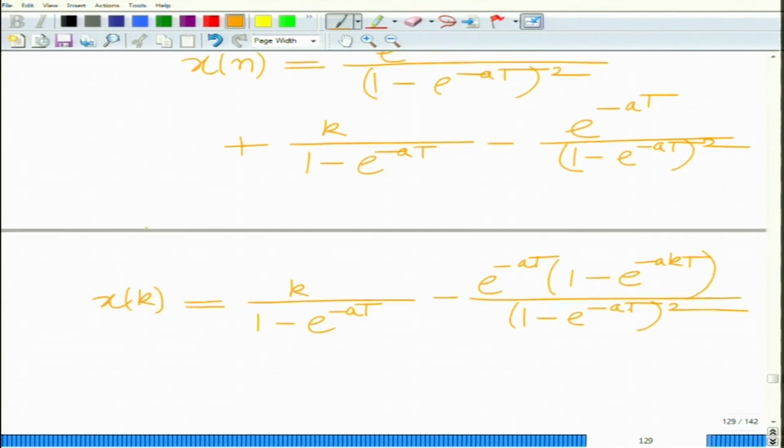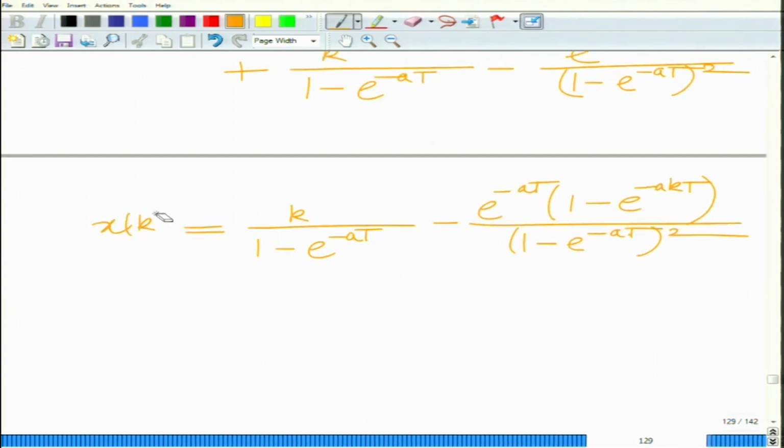This is your x(k), and this is valid for k greater than or equal to 0.